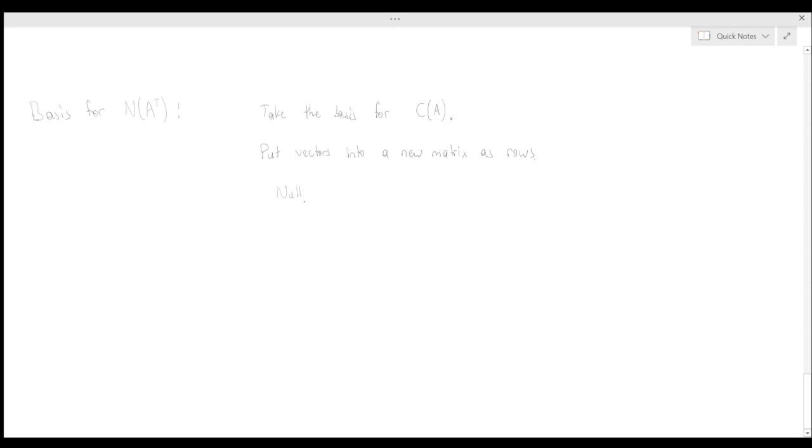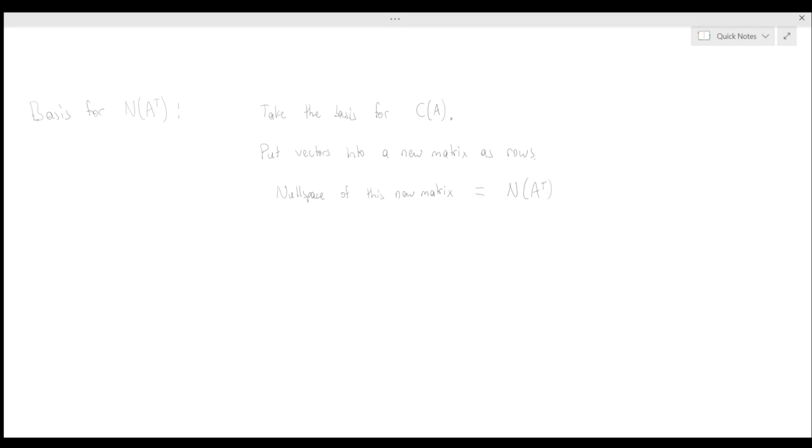And the null space of this new matrix will actually give us the left null space. And then from there, we will be able to find a basis for the left null space.